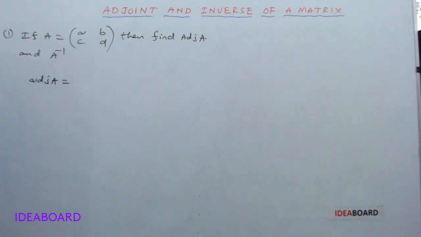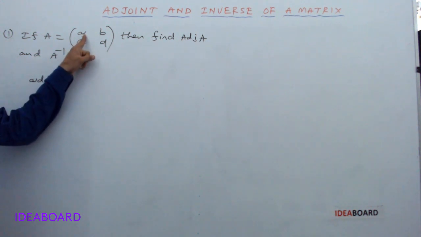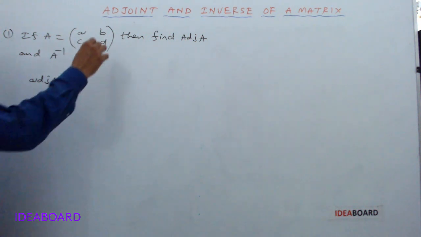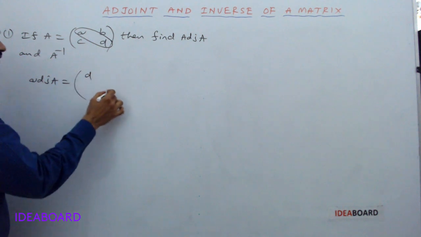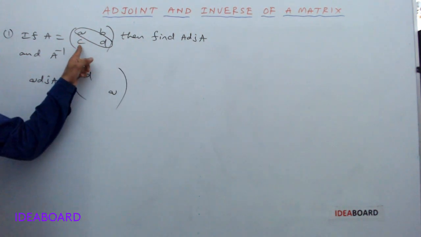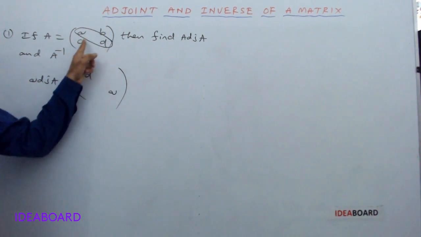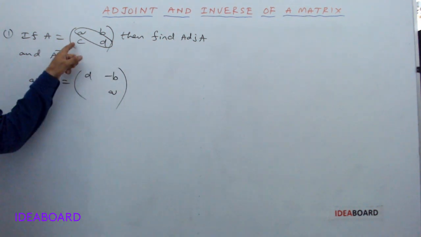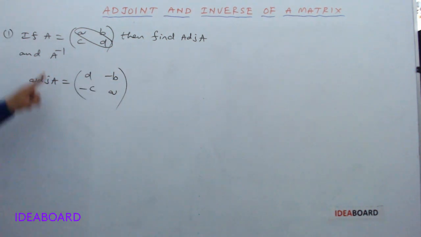If you want to find the adjoint of a 2 by 2 matrix, we have to interchange the principal diagonal elements, D, A. Next, we have to change signs for the off diagonal elements. When you have plus B, here we have to take minus B. When you have plus C, here you have to take minus C.